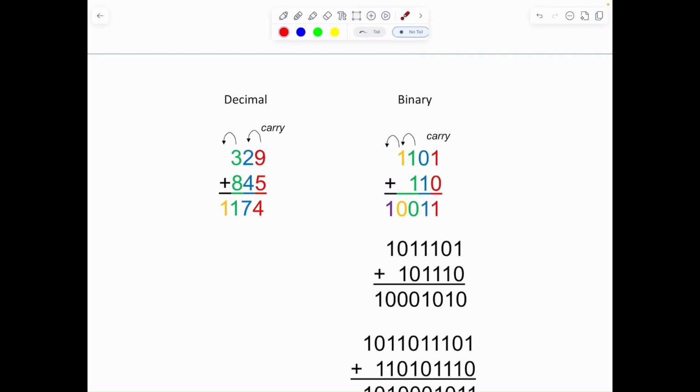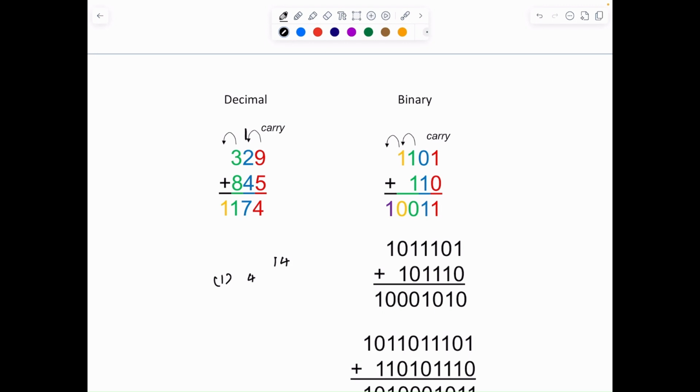Let's start with decimal numbers. Here I have 9 and 5. 9 plus 5 is 14, which means I have a 10 and 4 ones. That 10 carries over, so I add 1 plus 2 plus 4 and now have 7 tens.